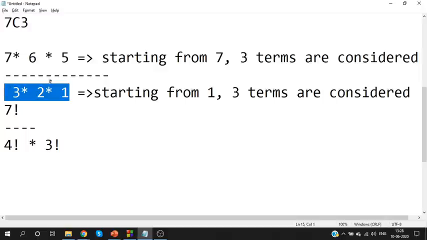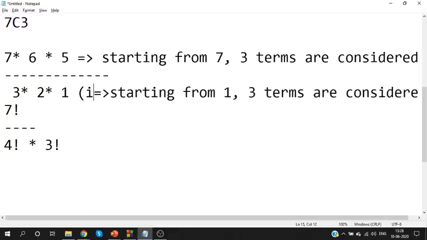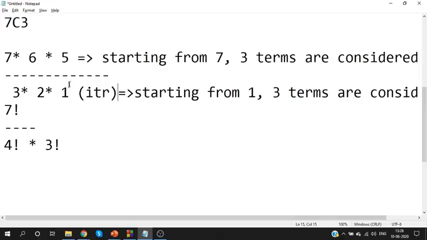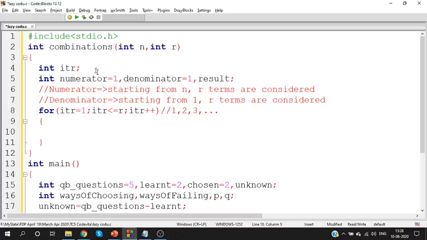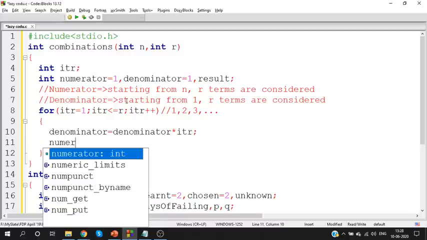So for the denominator, I can say ITR value is multiplied because ITR takes the value 1, 2, 3. So for the denominator, what is multiplied? ITR is multiplied. For the denominator, into ITR.